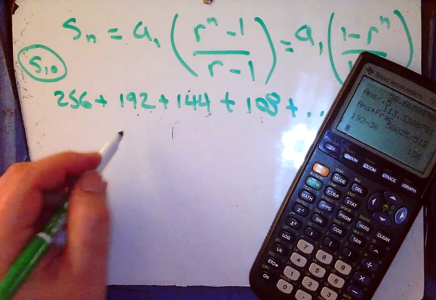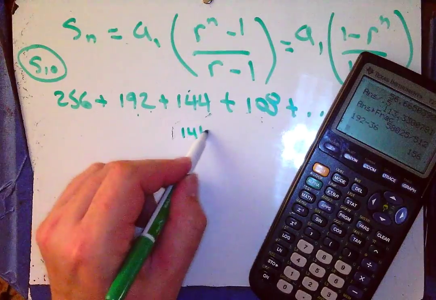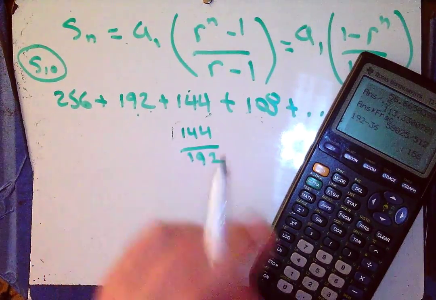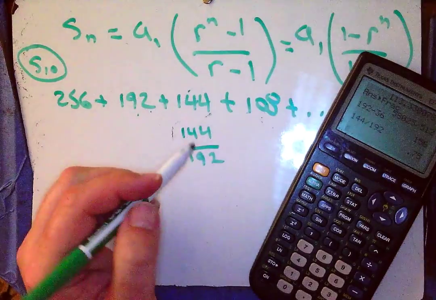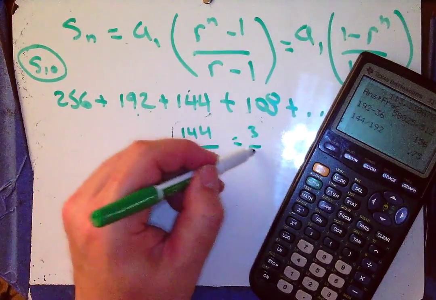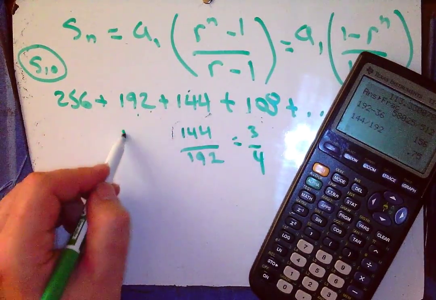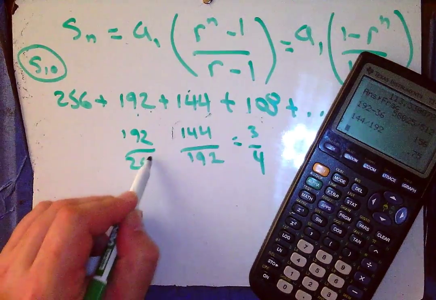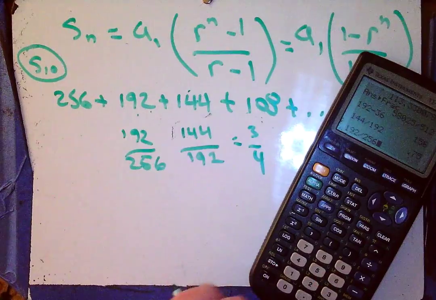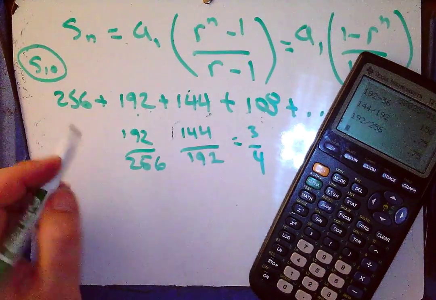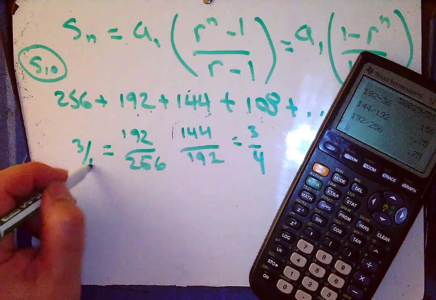But is it geometric? Well, let's test. 144 over 192, and I end up with 3/4. And then if I do 192 over 256, I also end up with 3/4.